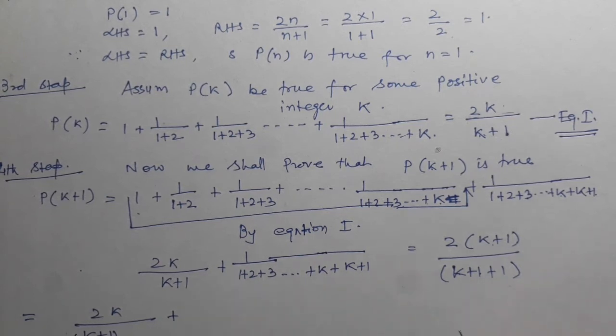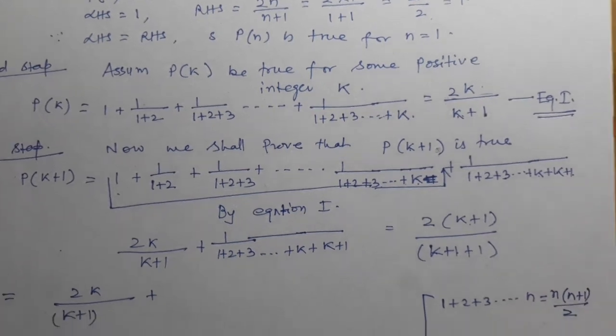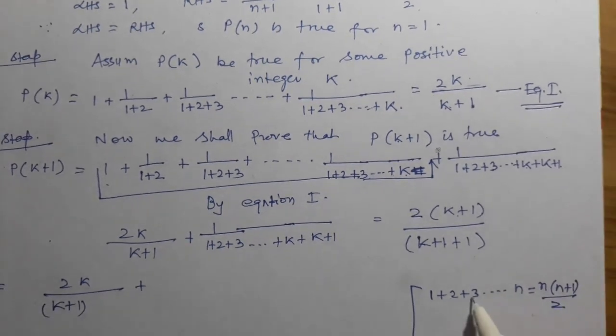So we know that we have one formula that if 1 plus 2 plus 3 dot dot n, so sum of n terms, it is n into n plus 1 by 2, right? 1 plus 2 plus 3 dot dot n, sum of this is n into n plus 1 by 2. This formula we are knowing.